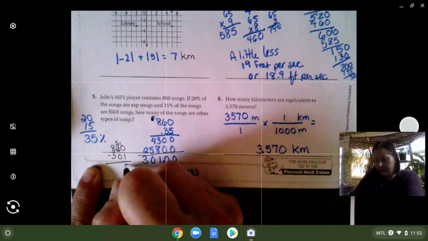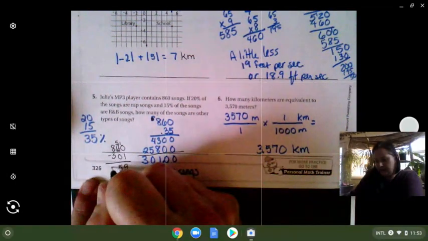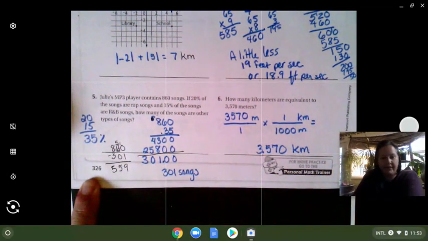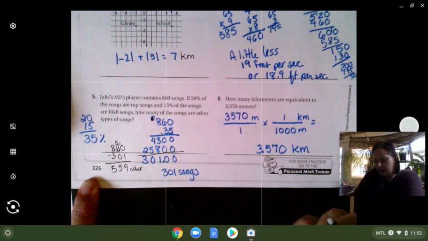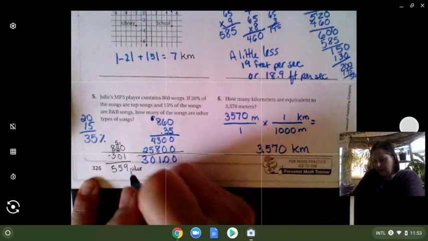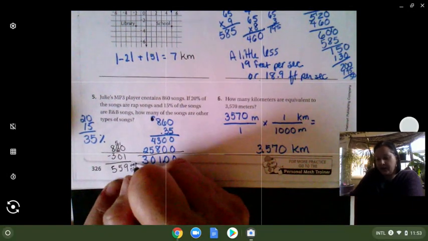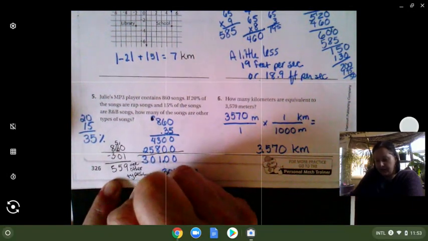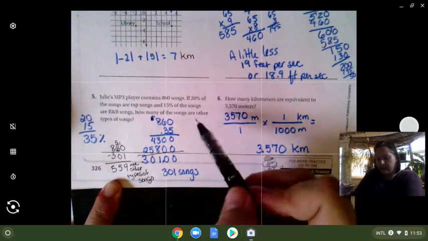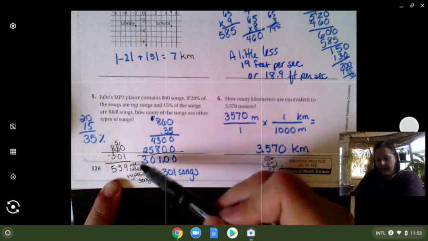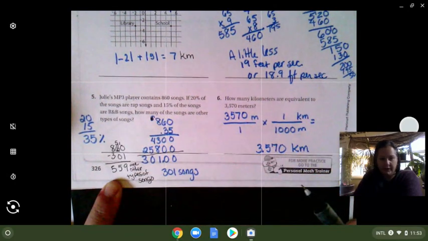I need to regroup there. And I get 559 other songs. 559 are other types of songs, because 301 are going to be the R&B and the rap, and the rest of them are going to be other types of songs. So you're going to have to do some subtraction there.